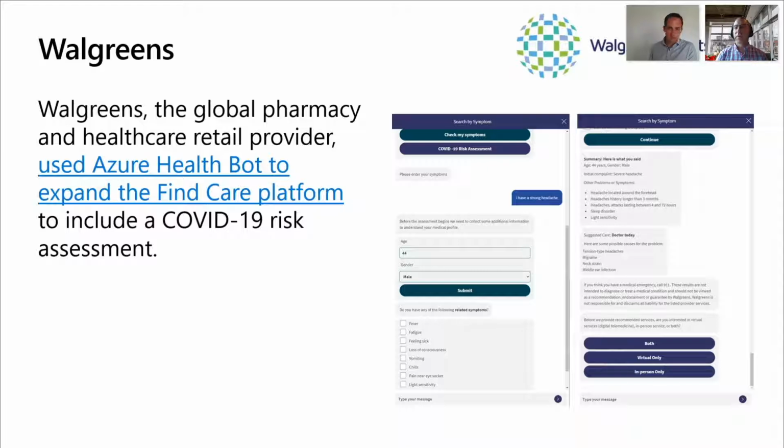Walgreens, like many other retail pharmacies, has clinics within their pharmacies, and those are staffed by health system partners regionally within the U.S. And added onto that Find Care platform, they added the COVID-19 risk assessment tool in order to help not only provide the insights and information that the CDC was providing, but then also take them from that triage, that assessment, and into the ability to help them find care at a location convenient to the patient.